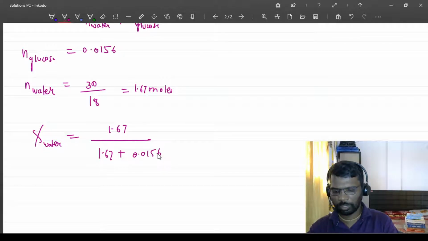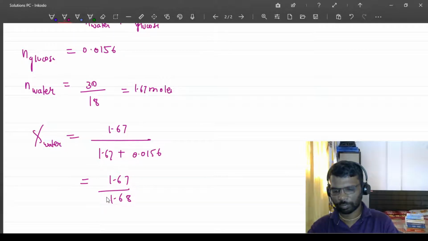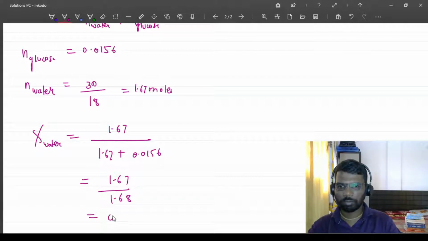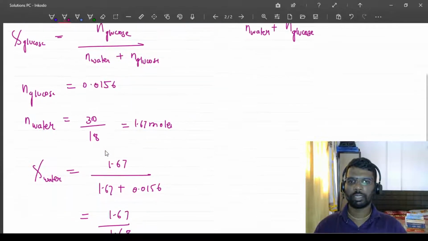So this will be 1.67 divided by 1.68. The answer is 0.982. There is no unit. Mole fraction is a unitless quantity. It doesn't have any unit. So this is the mole fraction of the water we are getting.